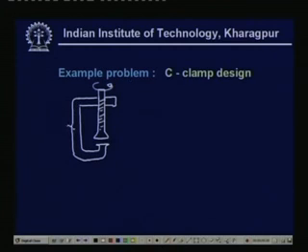Now, it is held fixed to the ground, that is, it is held by some device, and the purpose of the C clamp is to give a pressure, a compressive force, on this surface. Now, we have to look into details of these portions of the C clamp.